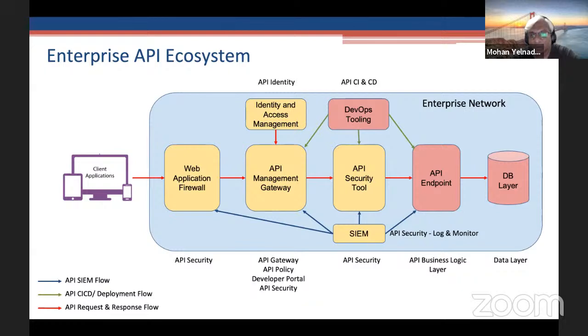Usually enterprises have their own IAM service, either internally hosted or from a cloud service provider, or an external vendor service like Okta, ForgeRock, etc. So these services usually stay outside and provide the identification as well as authentication and authorization services to the API management gateway.